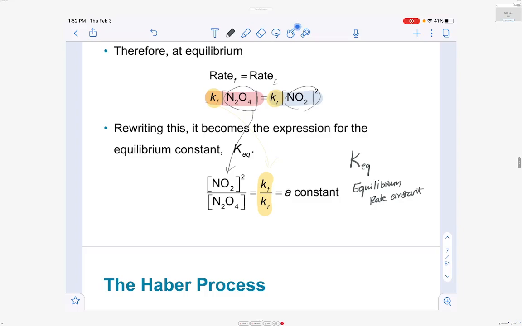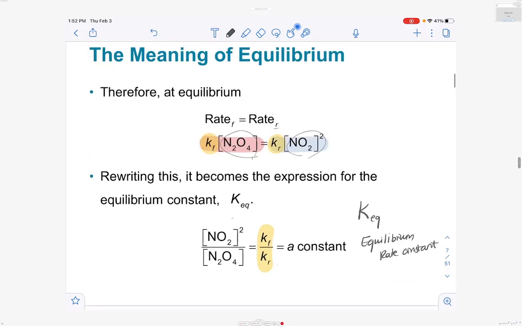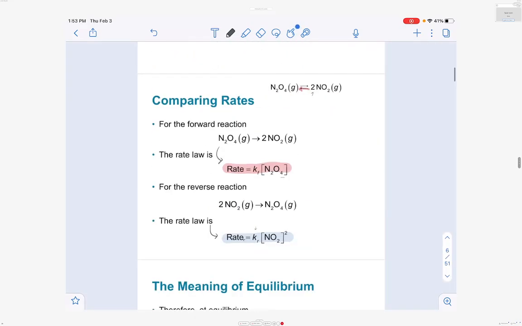So the equilibrium constant has a formula of the rate constant of the forward reaction divided by the rate constant of the reverse reaction, or you can also use concentrations of the product and reactants to find the equilibrium constant. One thing you need to keep in mind, this is a little confusing. Let me bring this equation down here.